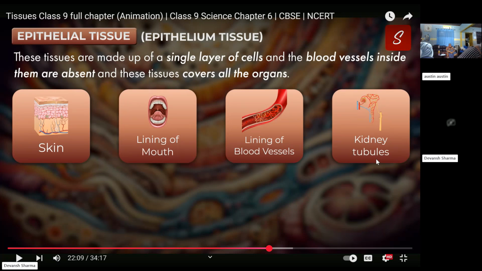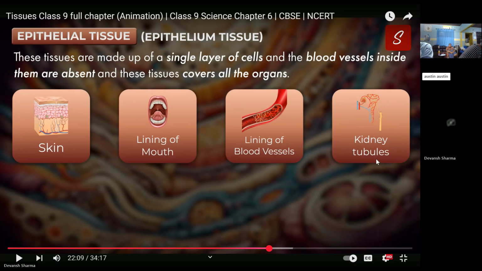These are the locations of epithelial tissue.